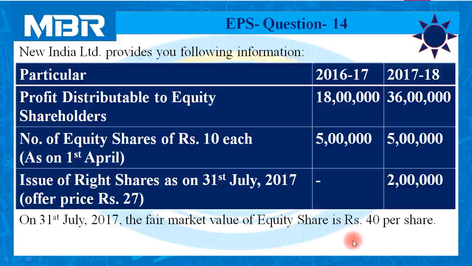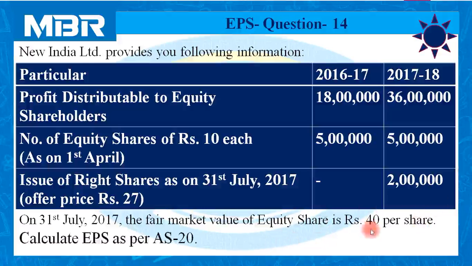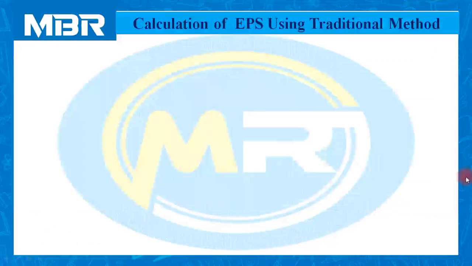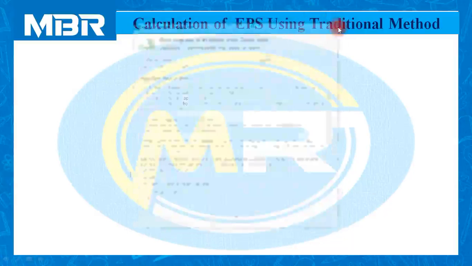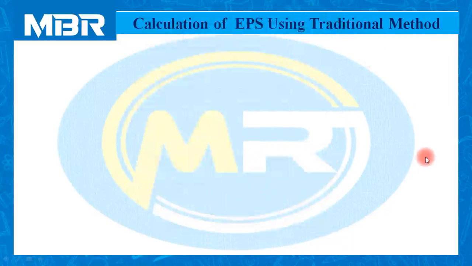As part of the solution, first of all, we will calculate earning per share using the guidelines provided by ICAI in the form of Accounting Standard number 20. Let us calculate EPS using the traditional method.